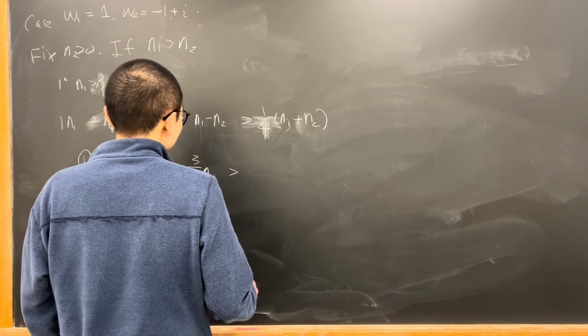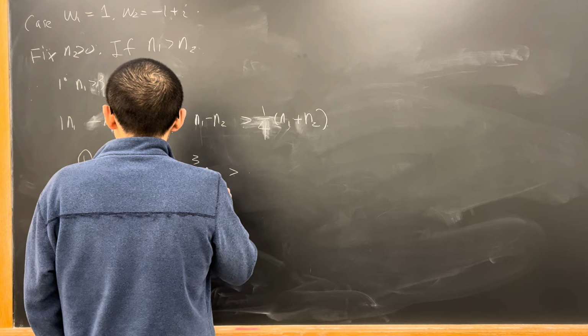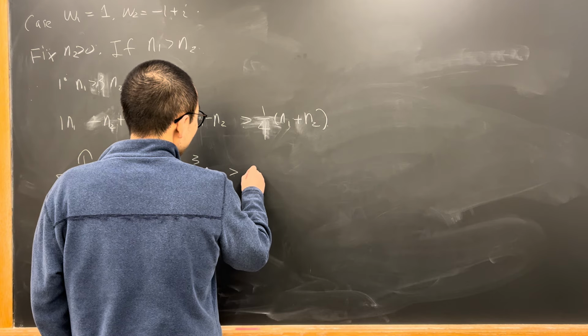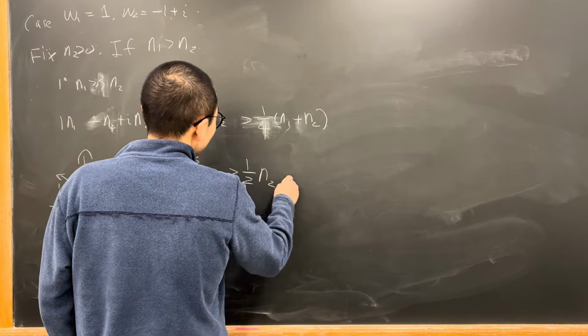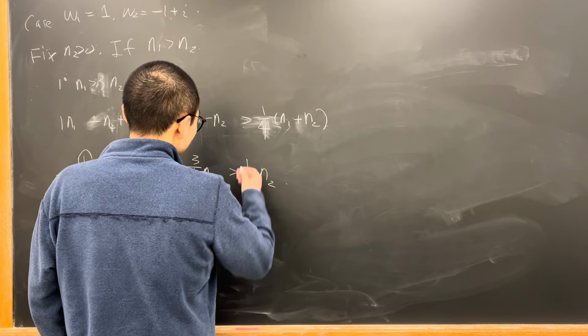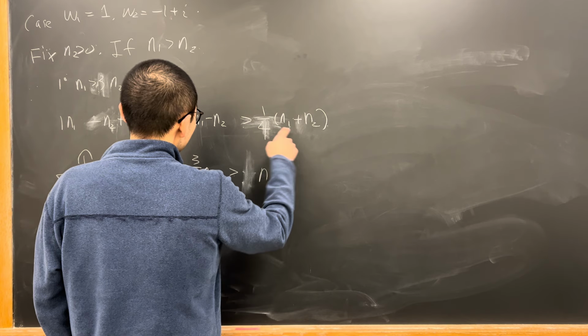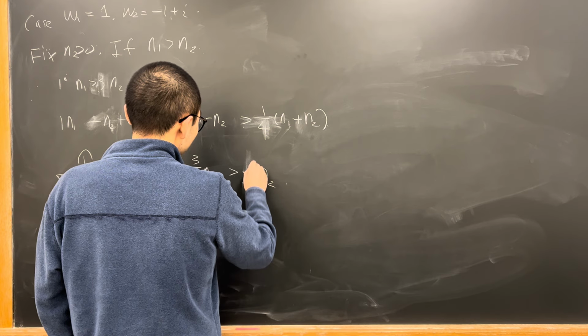So why? Because 4 over 3 and 1. Okay, so 4 over 3 and 1 is bigger than 1/2 and 2. Oh, sorry. So this is 1 over 4 and 2 plus 1 is 4 over 5.